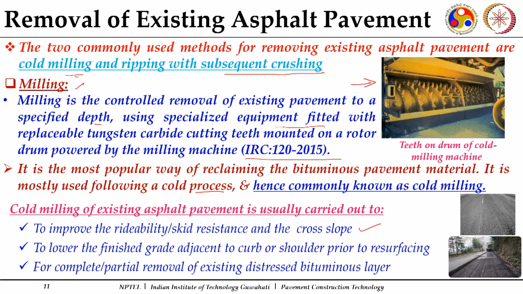So if you can mill to a slight depth of your surface course, that surface can be corrected for grade and camber, and it will give you enhanced skid resistance. This milling operation is quite often used to improve the skid resistance and the camber of the road surface.